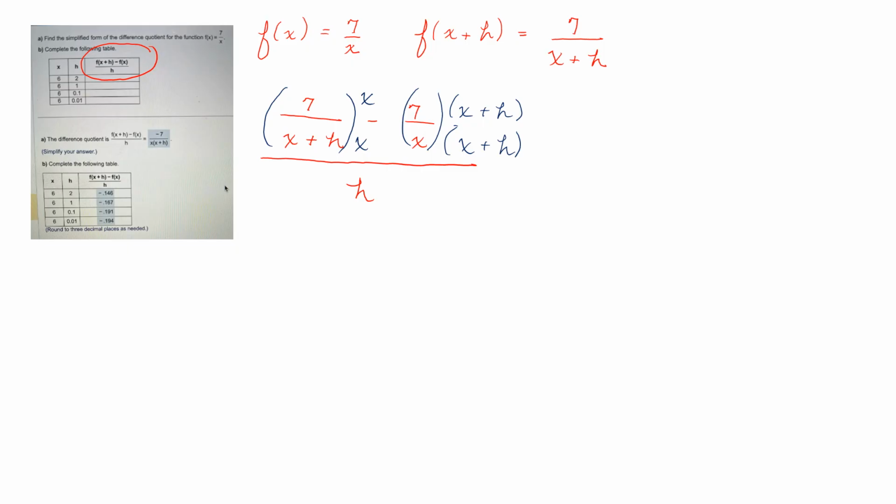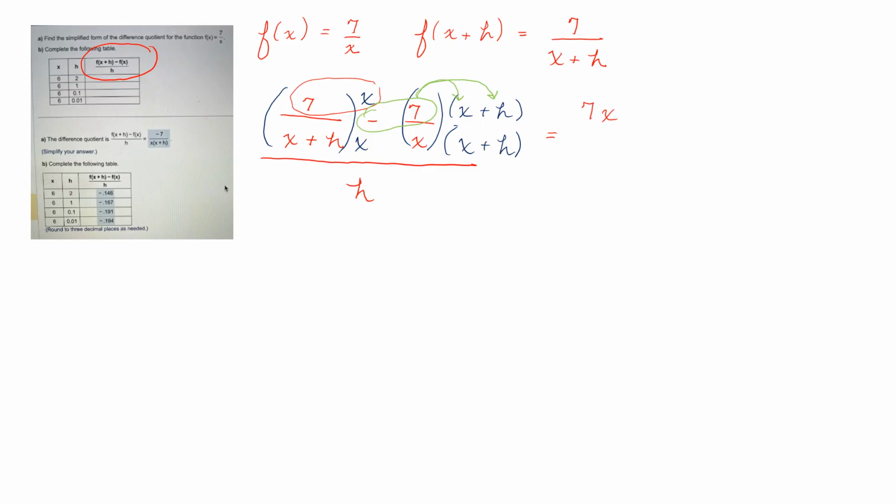So when I simplify, I'll have the 7 times x, and when you multiply, make sure that you include not just 7 but minus 7 times x times h.